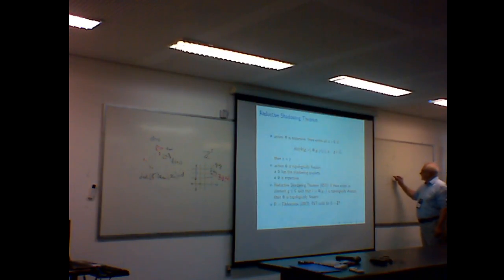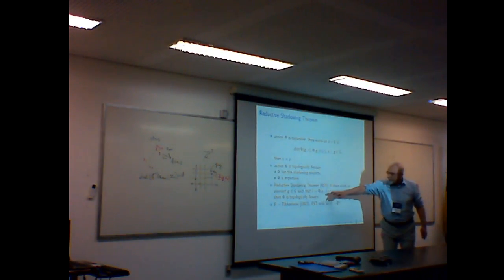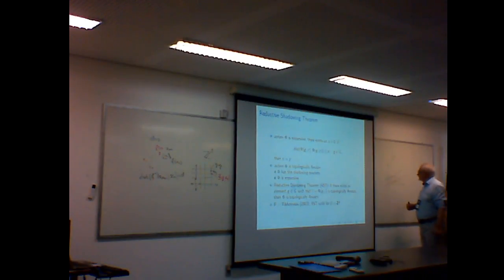Then you take an arbitrary element of your group, consider this subgroup, and the restriction of the pseudo trajectory to this subgroup is a pseudo trajectory of this restricted action.